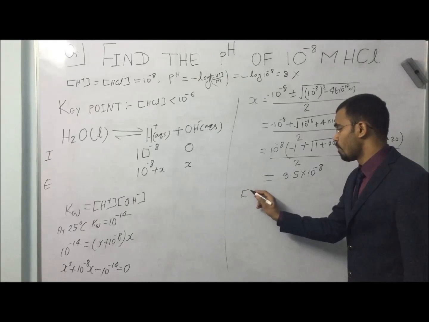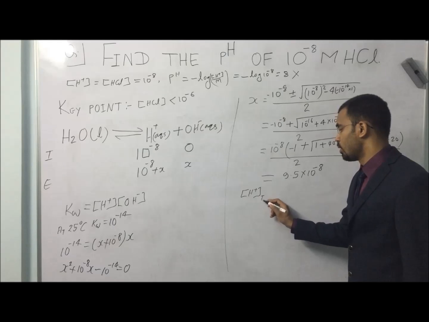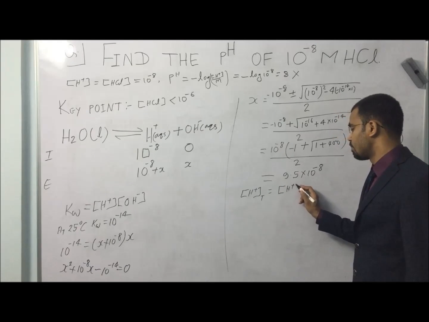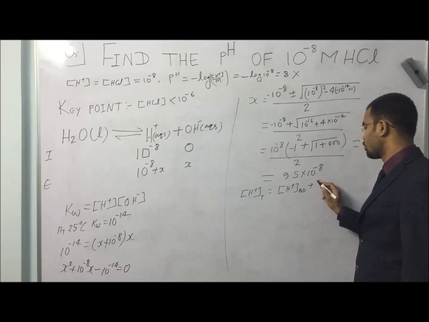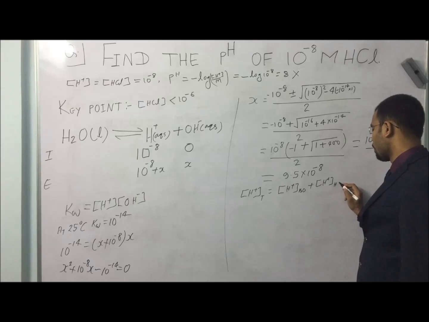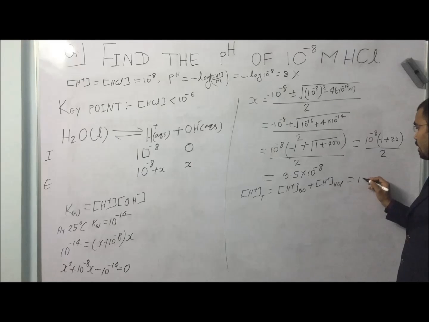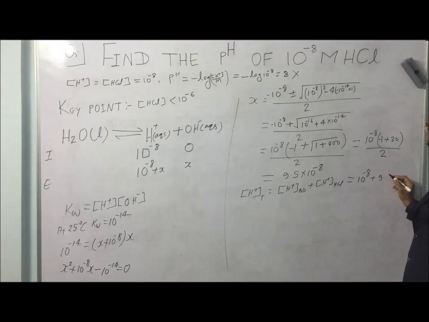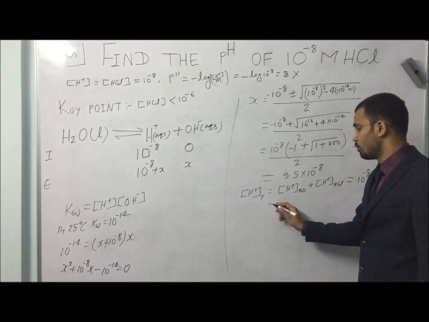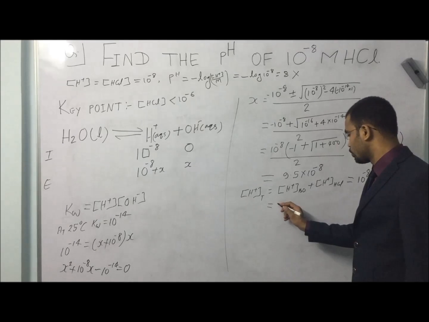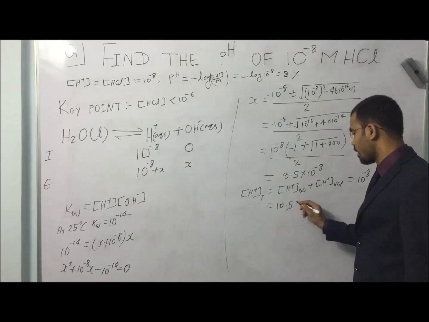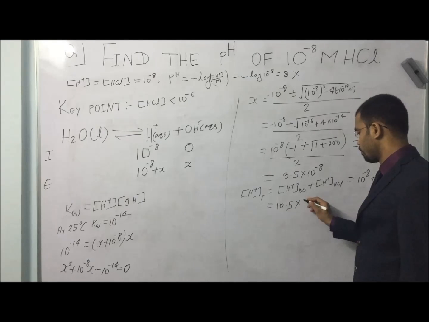So the total concentration of H plus will be the concentration of H plus from H2O plus the concentration of H plus from HCl, which is equal to 10 raised to minus 8 plus 9.5 into 10 raised to minus 8, which is equal to 10.5 into 10 raised to minus 8.